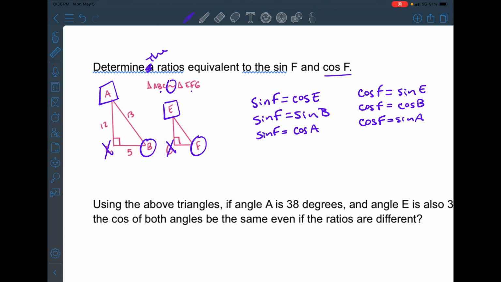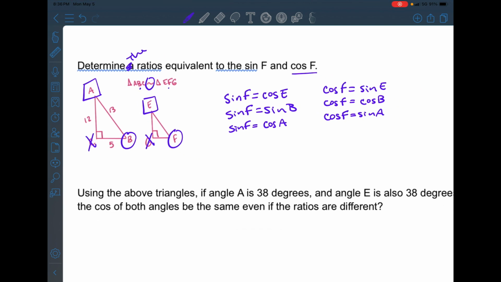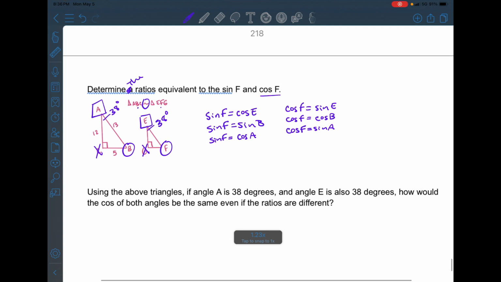In this next problem, it says use the above triangles if angle A is 38 degrees and angle E is also 38. Remember, because they're the same, right? They're the same angle. They're similar triangles, same angles. Then how would the cosine of both angles be the same even if the ratios are different? So remember, if I'm looking at angle A here and I'm looking at cosine, that's adjacent over hypotenuse.